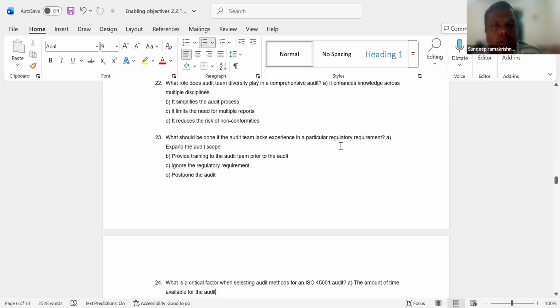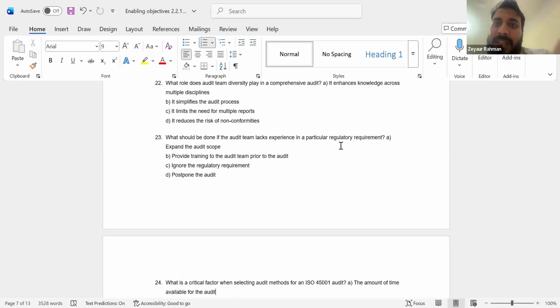Next question, Jayor Rahman. 22. What role does audit team diversity play in a comprehensive audit? A. It enhances knowledge across multiple disciplines. B. It simplifies the audit process. C. It limits the need for multiple reports.